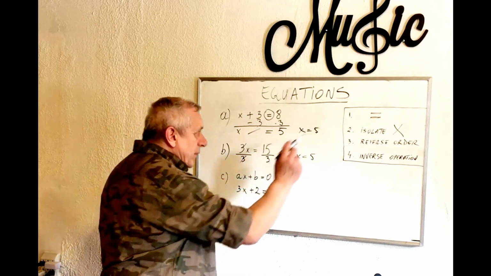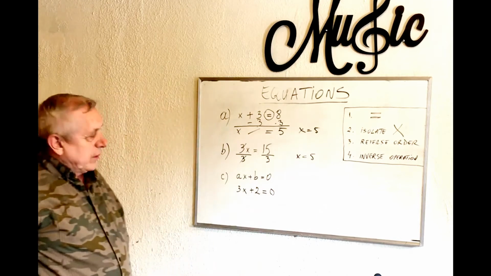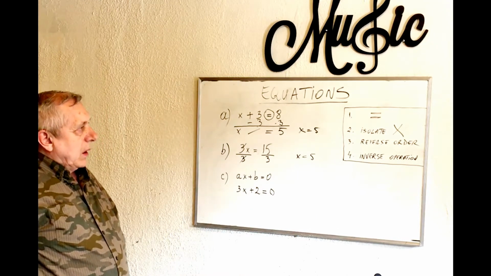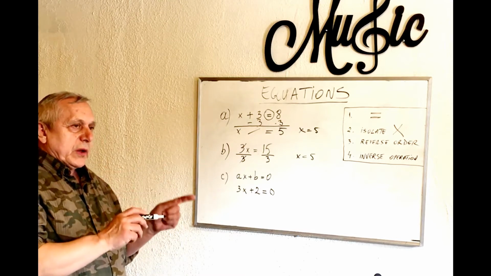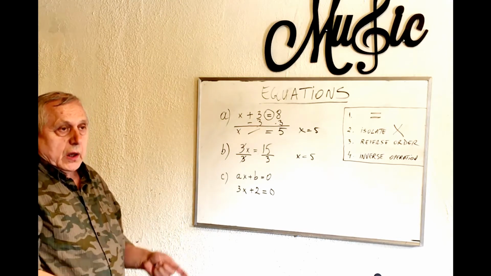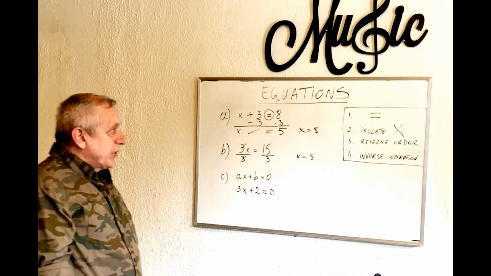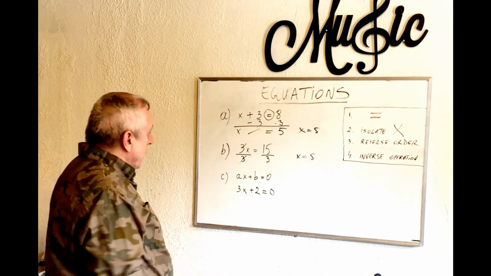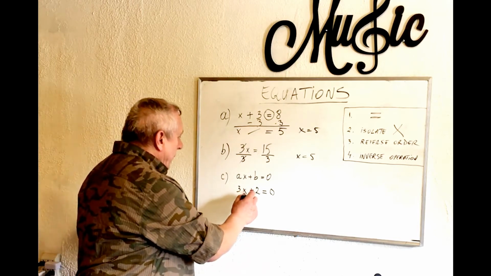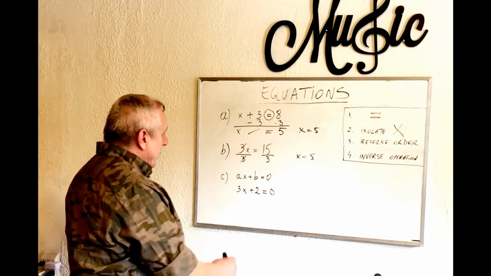We start in reverse order. In arithmetic, for instance, the order of operations is multiplication or division first, and then addition or subtraction. In this case, we start the other way around. We start to work on this addition.